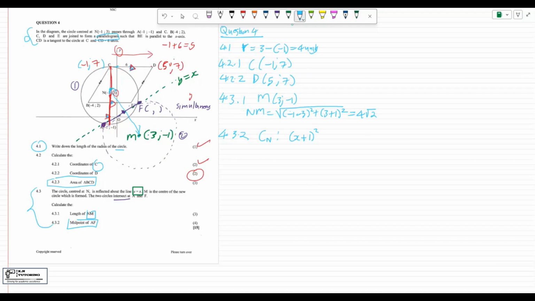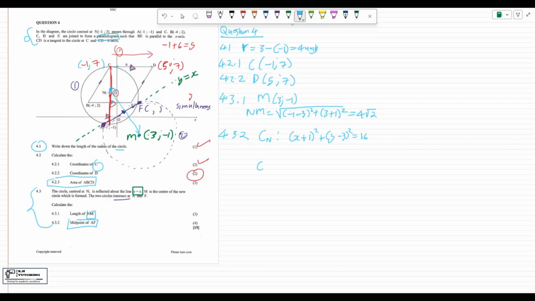Remember, N is negative, that's why it's plus, plus y minus 3 squared. What is my radius? I found it to be 4. So 4 squared is 16. I can simplify this, but I'm going to leave it here for now.